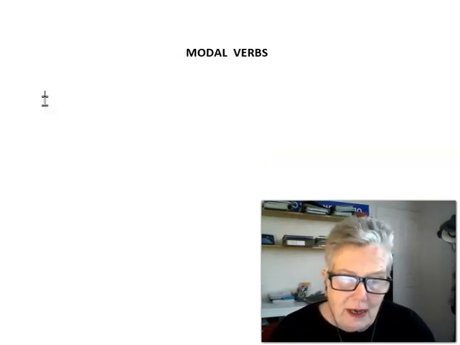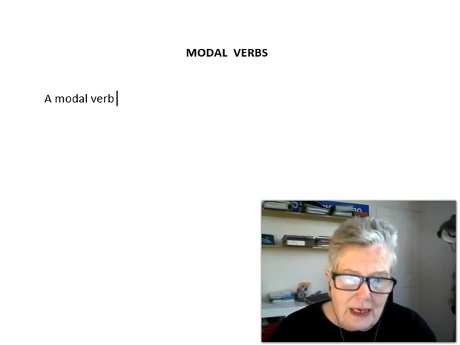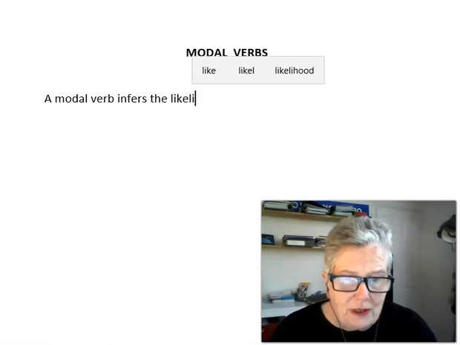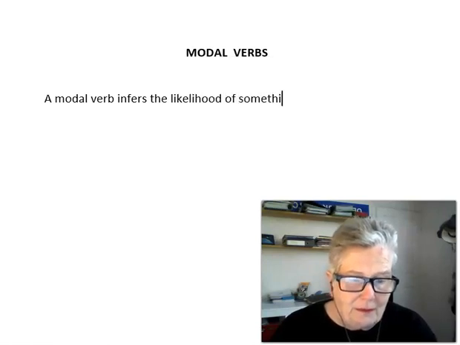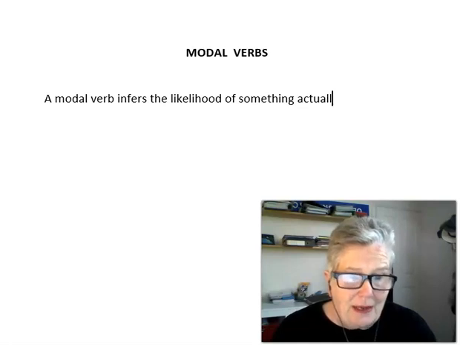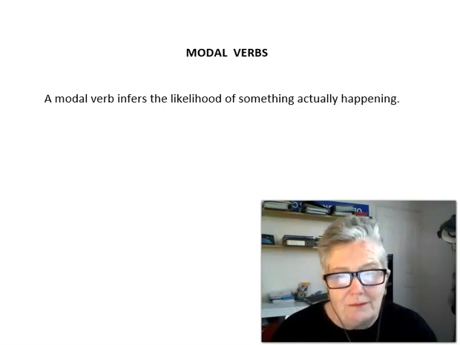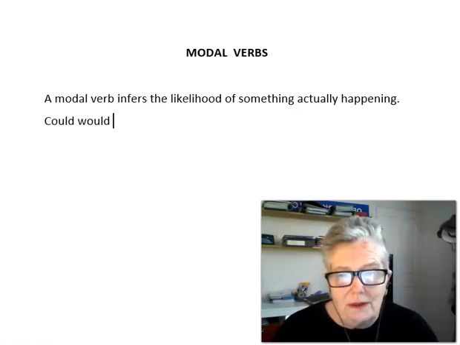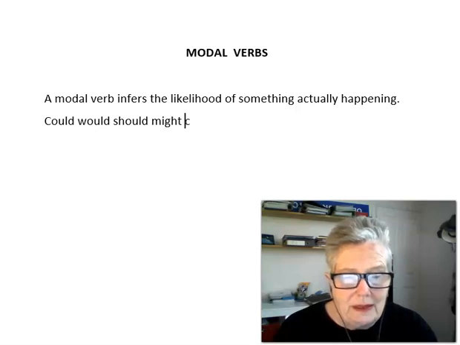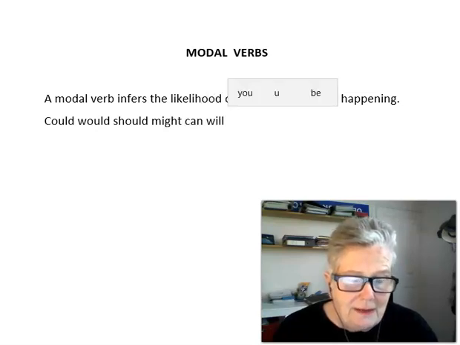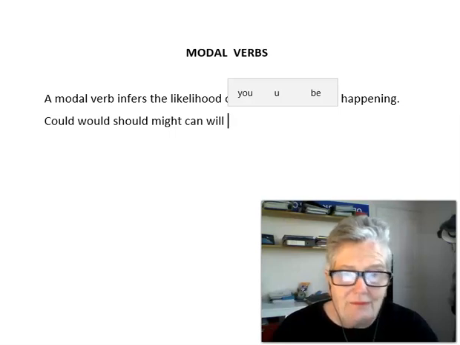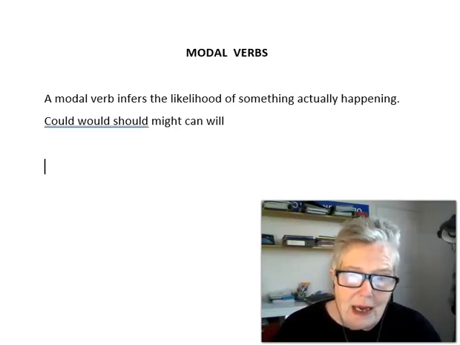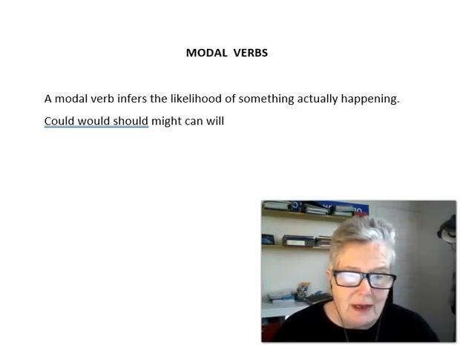So we've got a modal verb that infers the likelihood of something actually happening. That's the best way to put it. Yeah. So we've got things like could, would, should, might, can, will. Yeah, they're the main ones. So I'm going to give you some little association things to help you remember this, okay?